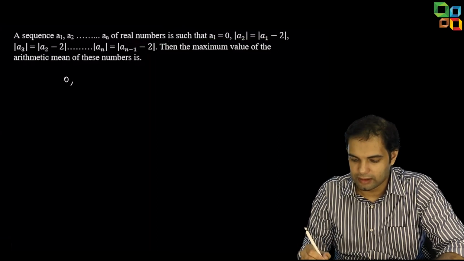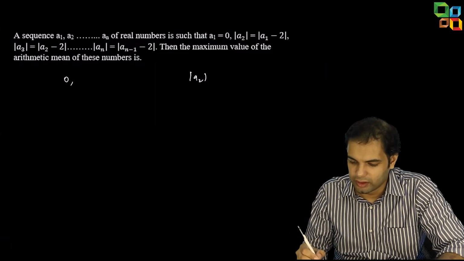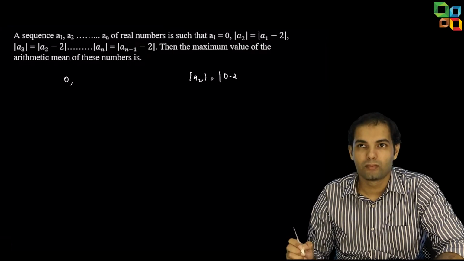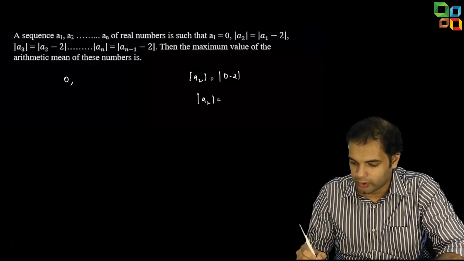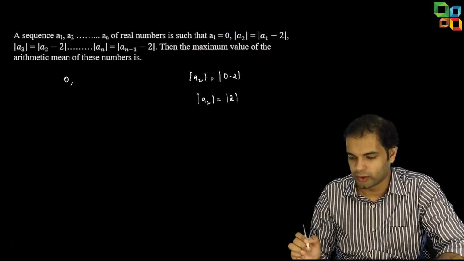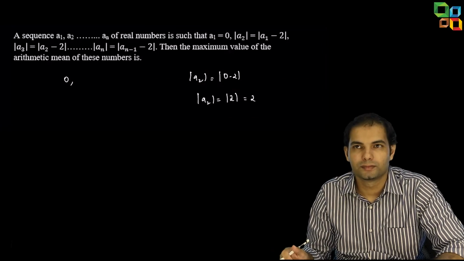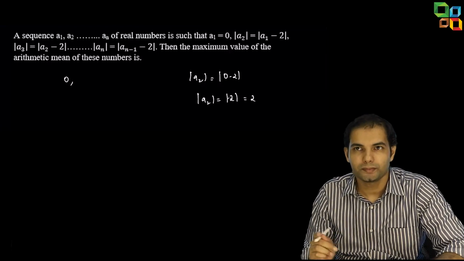Second term, instead of giving the term directly, they have given some relation. So it's mod of A2 equals mod of A1 minus 2. A1 is already known, it's 0. Fine. So what does A2 equal to? See, mod of A2 is equal to 2, so what is A2? Minus 2 or 2. 2 or minus 2, it doesn't make a difference because it's inside the mod.